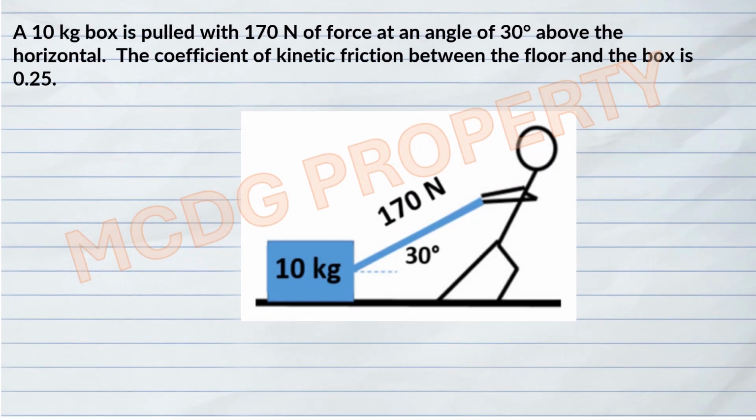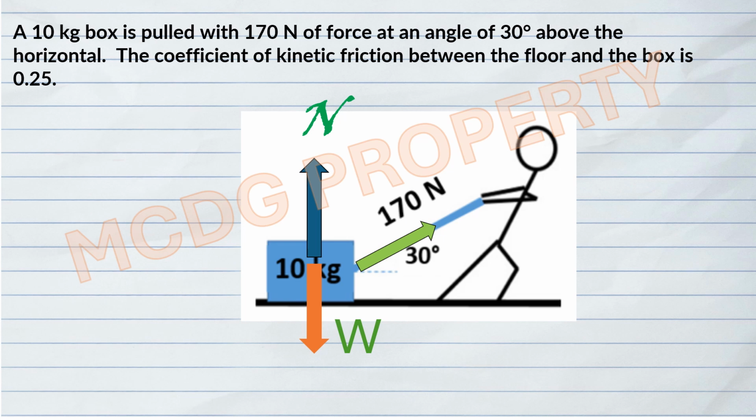The forces acting on the box. We have the normal force that is directed upward, perpendicular to the surface in which the box is moving. You have weight that is directly downward.